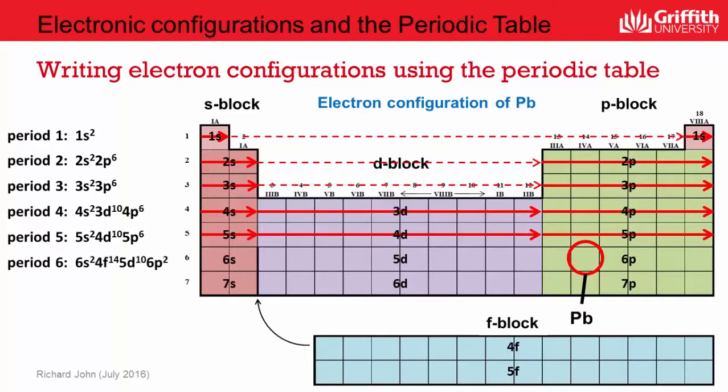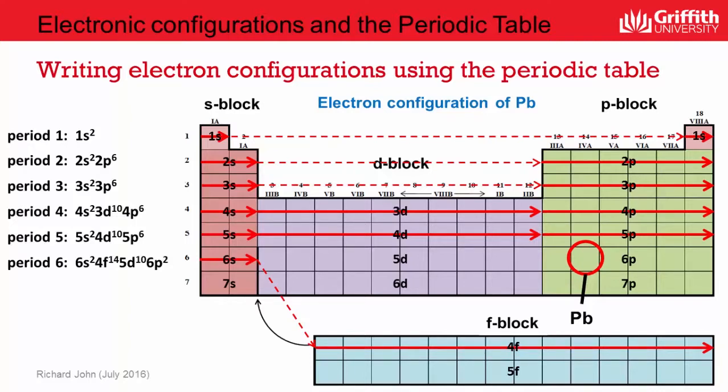Period 6, 6s2. As we traverse across period 6, we encounter the first of the F subshells that fill, because when we hit this part of the periodic table here, we know that elements 57 through to 70 effectively squeeze in here, and so we need to move down to the 4f block, and these 14 elements here need to be considered.